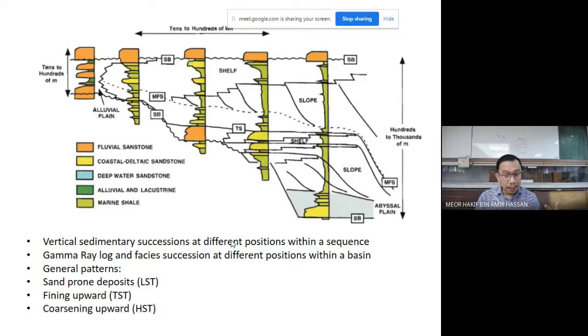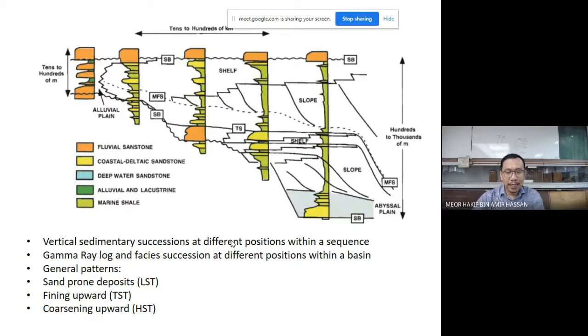If it gets deeper, you're going to get further and further away from the sediment supply, which is the land, so it gets finer and finer grain. Because it is transgressing, sea level is rising more and more, it gets deeper and deeper. So it becomes finer and finer grain. So sand, muddier and muddier. That is a usual pattern you get in the TST.